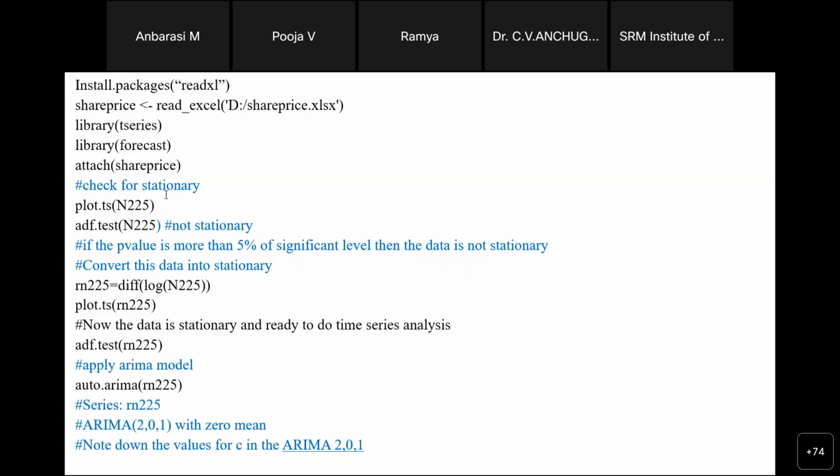Here the AR order is 2, so AR1 and AR2 are going to be generated. Now the value is multiplied by minus 0.7621 into t minus 1, plus 0.0375 multiplied by the term at t minus 2.